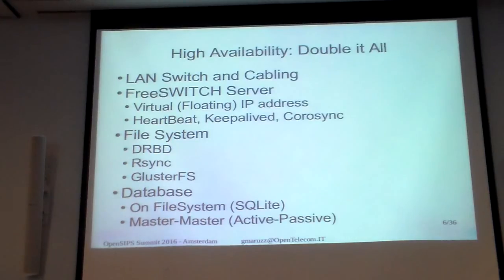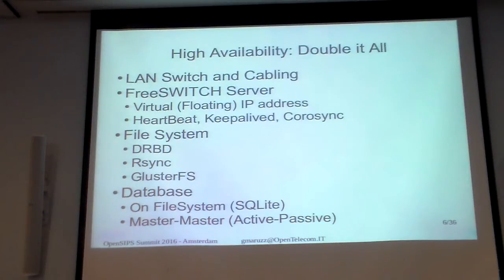It's important, anytime you implement high availability, to double it all, because it's not only the machine, your server, that can fail, but it's your switch, the cabling, all the things that are around your machine, and possibly also your carrier, your ITSP.